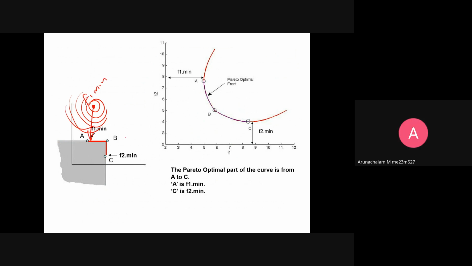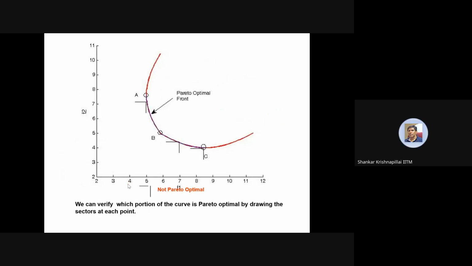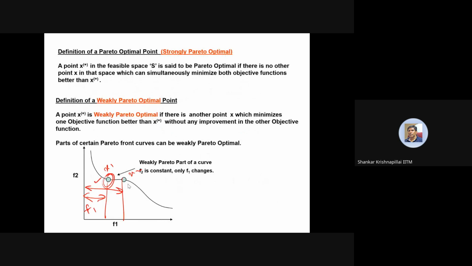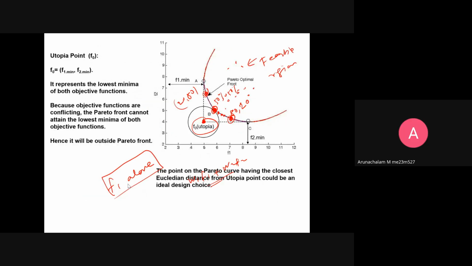Then you have to minimize F2 alone, single objective, and you will get F2 minimum. So weight is not involved here. This is the individual minimum of F1, and this is the individual minimum of F2. That is how you get these two values.